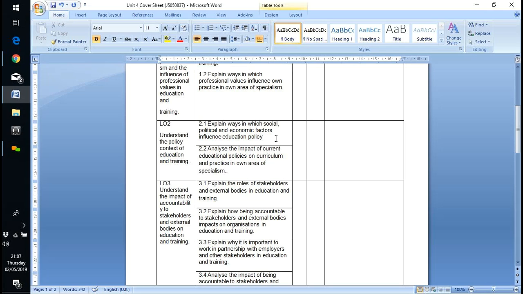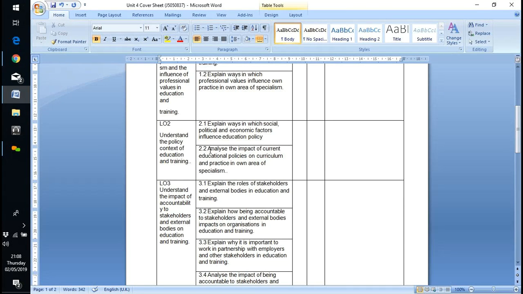Cuts in spending or ideological ideas. I think it was Blair's group wanted to bring academies in. This group now want to try and bring back grammar schools. They're ideological things that won't necessarily improve education. So that's the sort of thing it asks you to look at there.